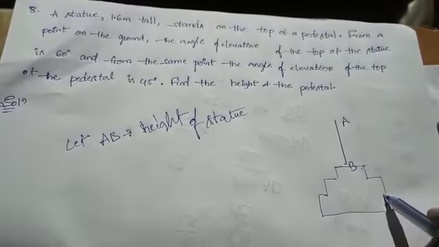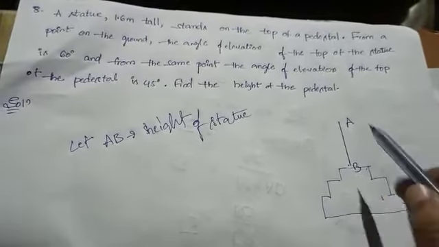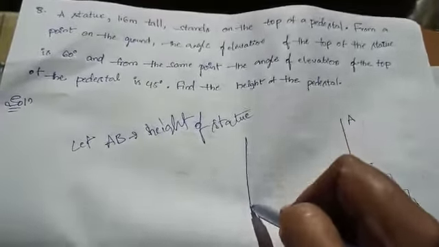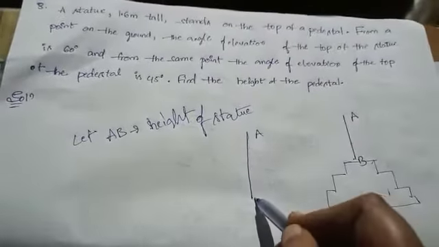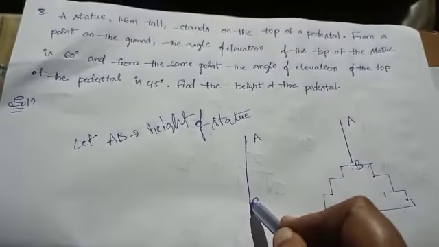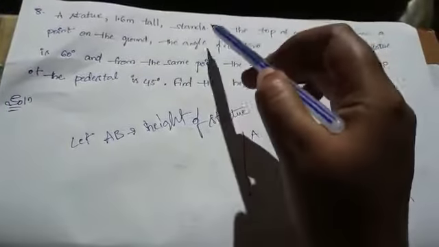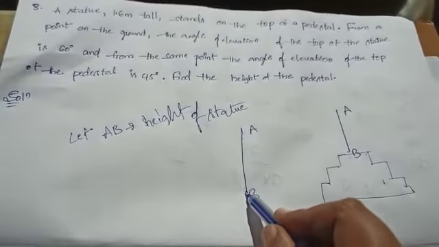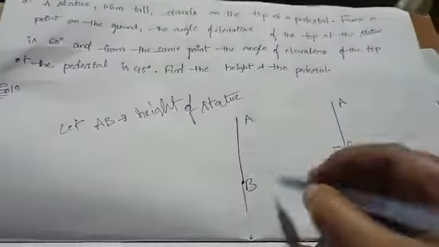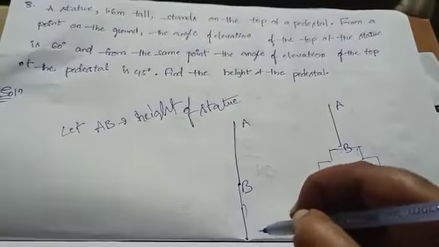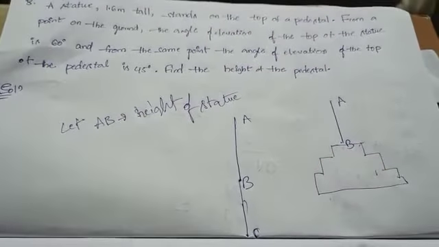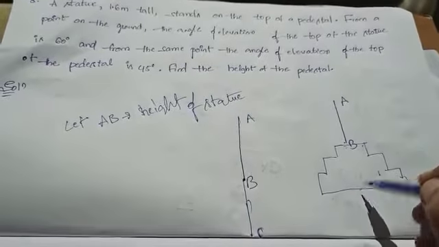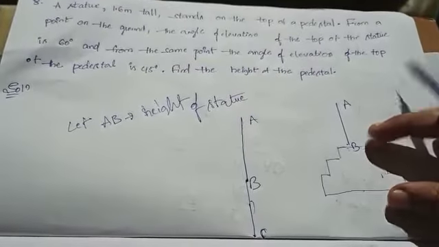This is the pedestal. It means AB is the statue, and it stands on top of the pedestal. See, BC is the pedestal, the height of the pedestal. Okay, BC.